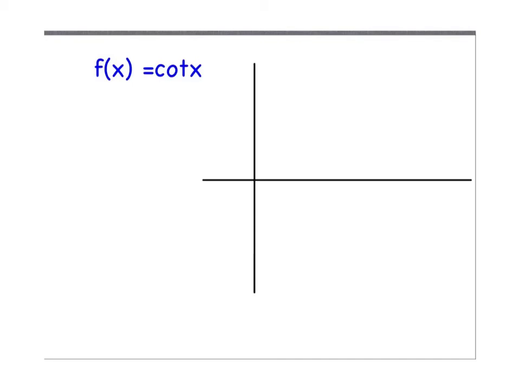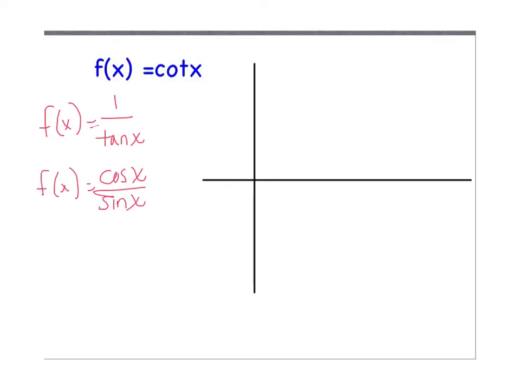Okay, cotangent x, if you recall, is the same thing as 1 over tangent x. So in other words, cosine over sine, upside down, right?